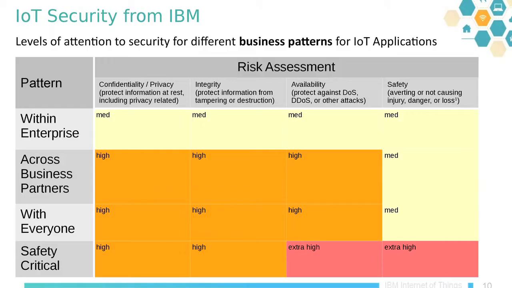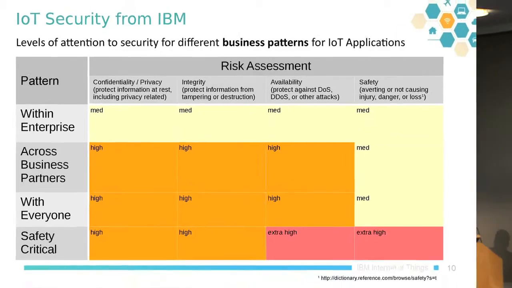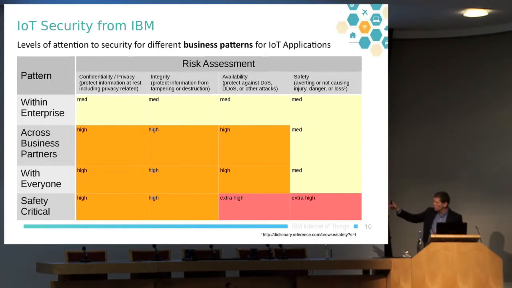And so my last page here is really, when you take a look at confidentiality, integrity, and availability characteristics, and the level of attention you would apply to each of those with respect to the different business patterns I talked about going down the page here, you'll see that as we move further down and further to the right, your level of attention to security characteristics has to go up.